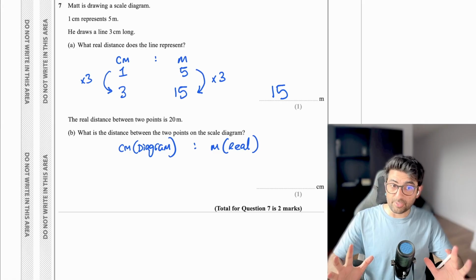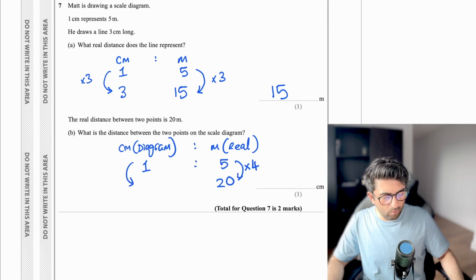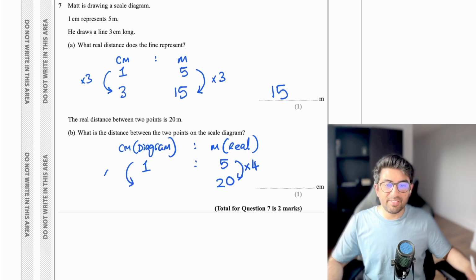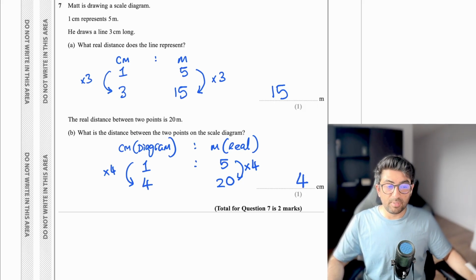So the real distance is 20 metres. So first let's write our 1 cm represents 5 metres. The real distance is 20 metres. How did we get there using multiplication? We multiplied by 4, so we do the same on the other side. That's 4 centimetres on the diagram. Easy enough.